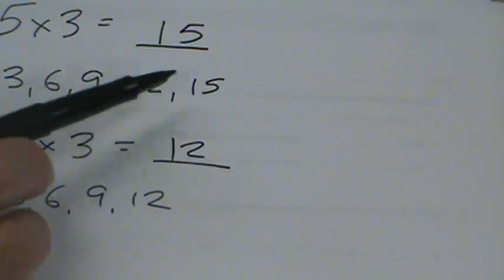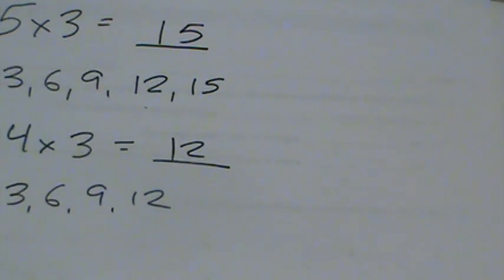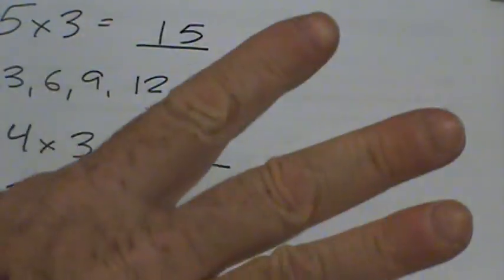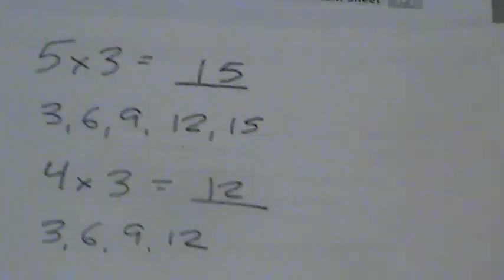Because 3 times 5 is 15, we could have said 3 times 4 is 12, going backwards. So we could start at 15, 5, 10, 15, and take away 3, and we would be at 5, 10, 12. There we go.